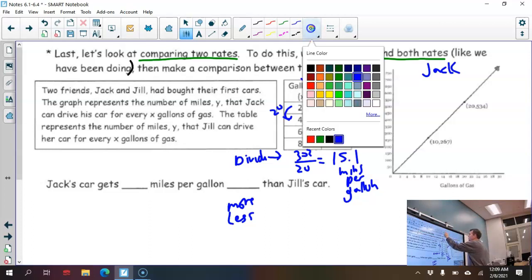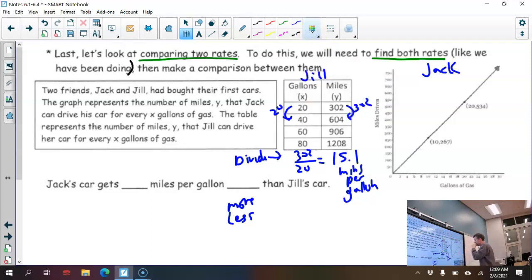All right, what about Jack? So Jack, now look at this, you guys. Jack's graph actually does go through 0, 0. So I'm going to talk about that in just a second. But I could still treat this like a table, and I could say 10 gallons of gas, 267 miles, 20 gallons of gas, 534 miles.